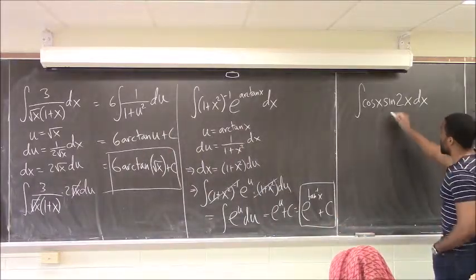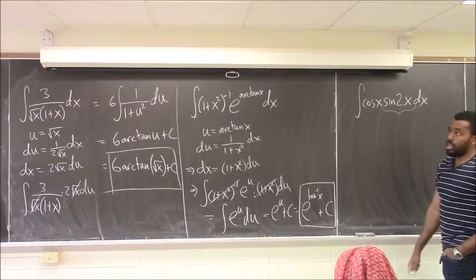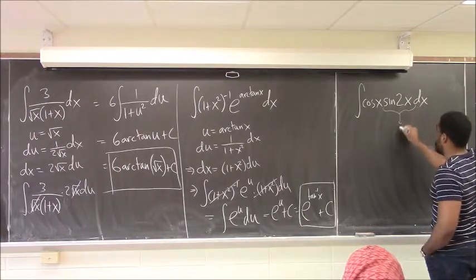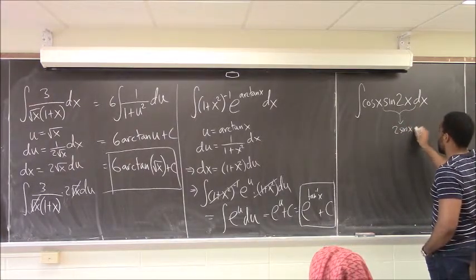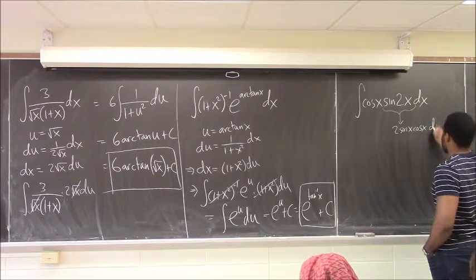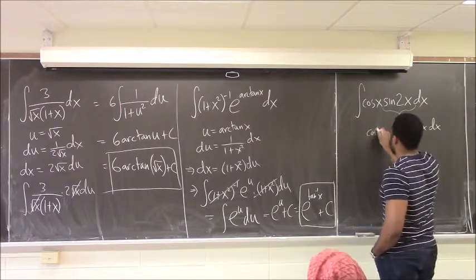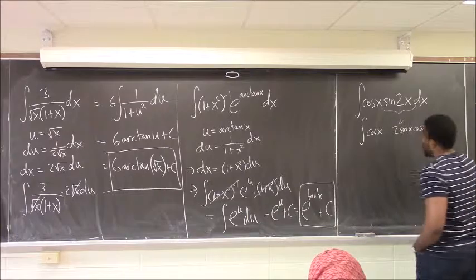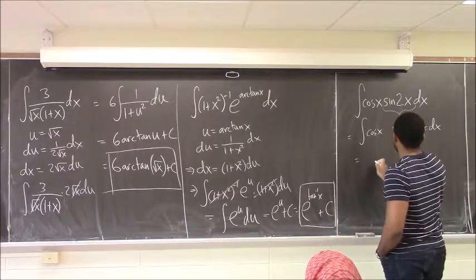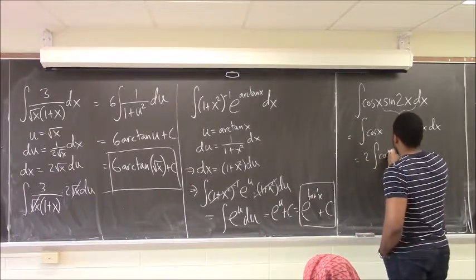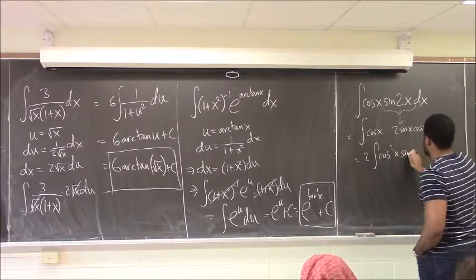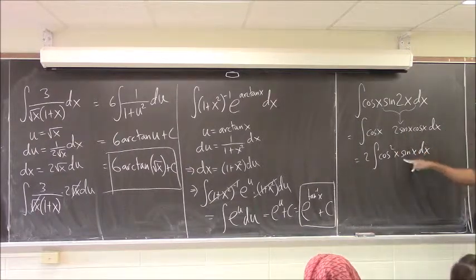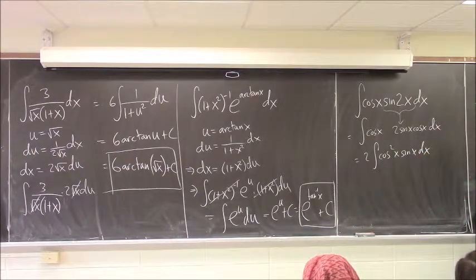The trick here is to apply a trig identity. This we know is 2 sine x cosine x. So this becomes 2 cosine squared x times sine x, which is similar to what we did earlier with cosine cubed times sine.